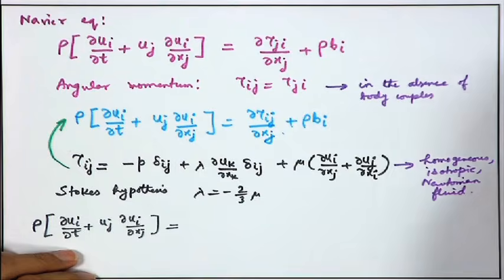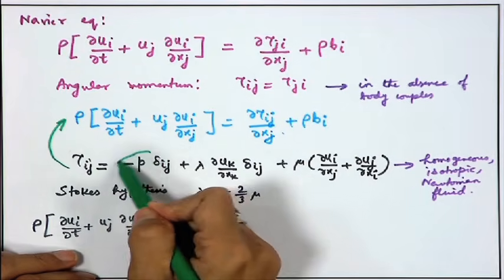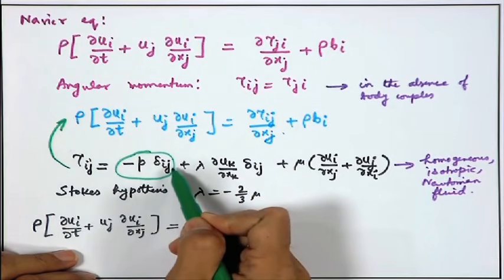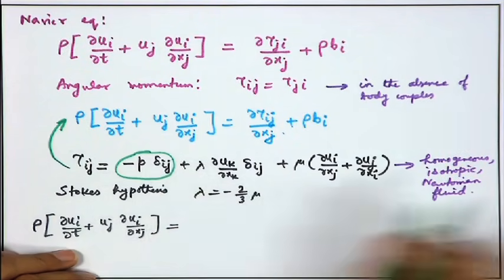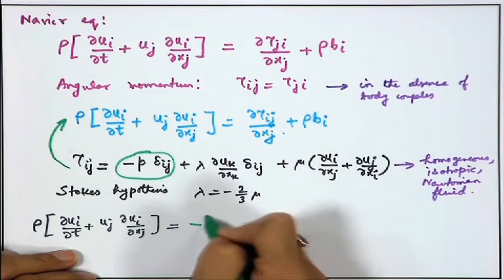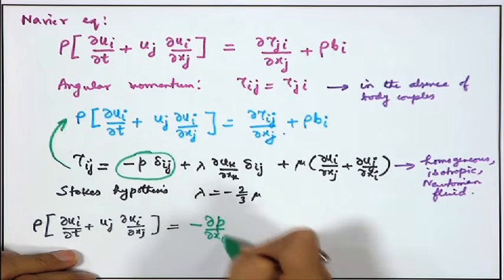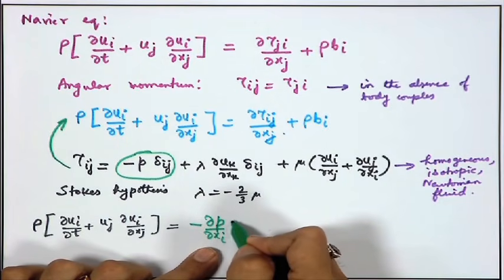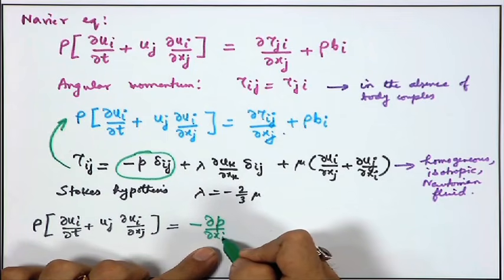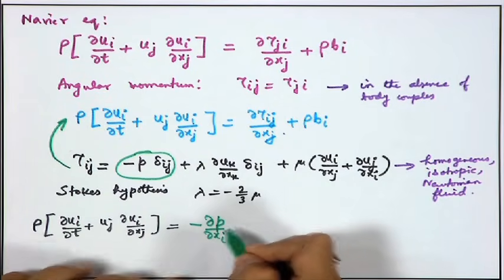So, first this term, del x j of minus p delta ij. Delta ij will become 1 when j is equal to i. So, that means it will be minus del p del x i. You follow it, it is minus del x j of p into delta ij, but delta ij is equal to 1 only if j is equal to i. So, that is how this j has become i.